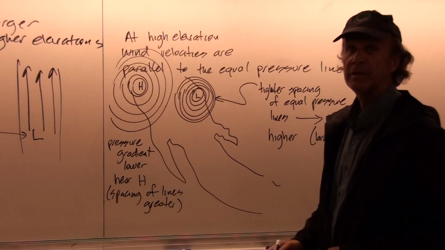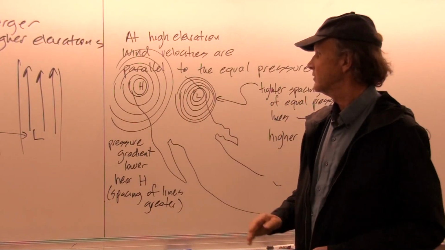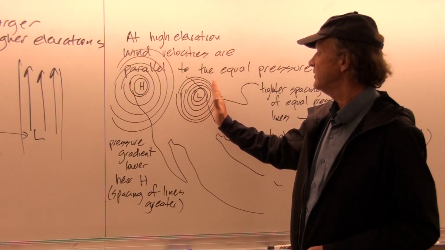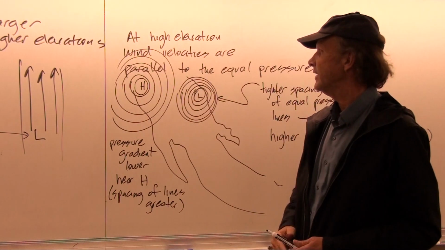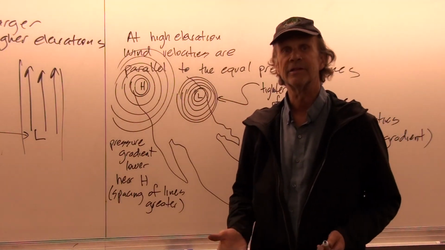If you're at all familiar with topography maps, what you'll see are lines of equal elevation. And if they're very closely spaced, what that tells us is that you're essentially level.